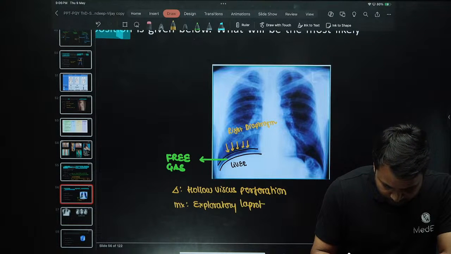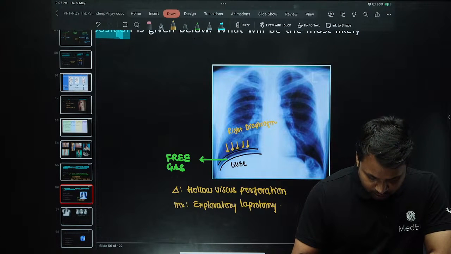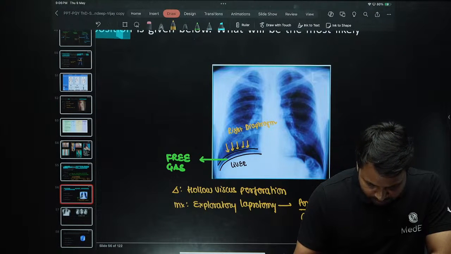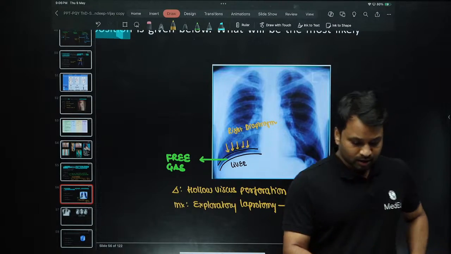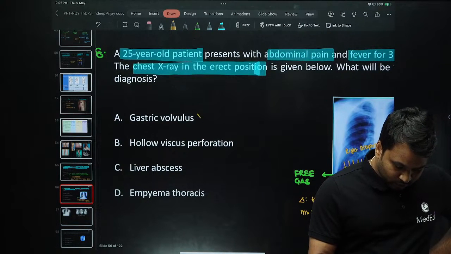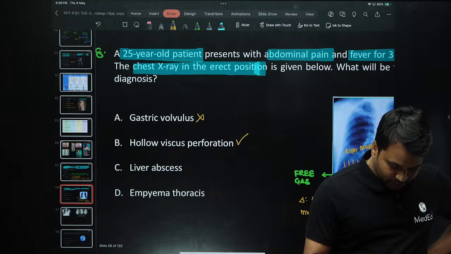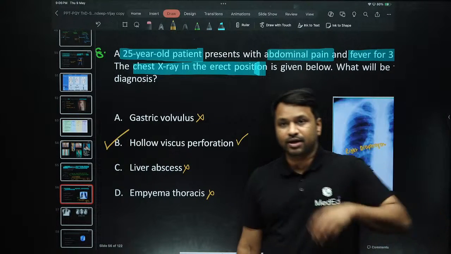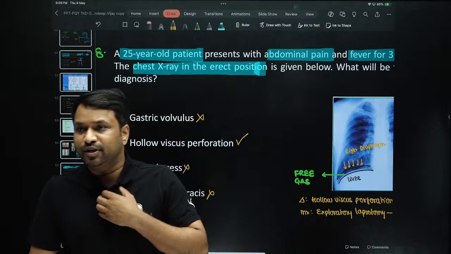Now, if it is because of a perforated duodenal ulcer, then the management is your Graham's omental patch. Diagnosis is not volvulus, not an abscess, not an empyema thoracis. So answer here is going to be B for Bombay. It is classical for hollow viscus perforation.